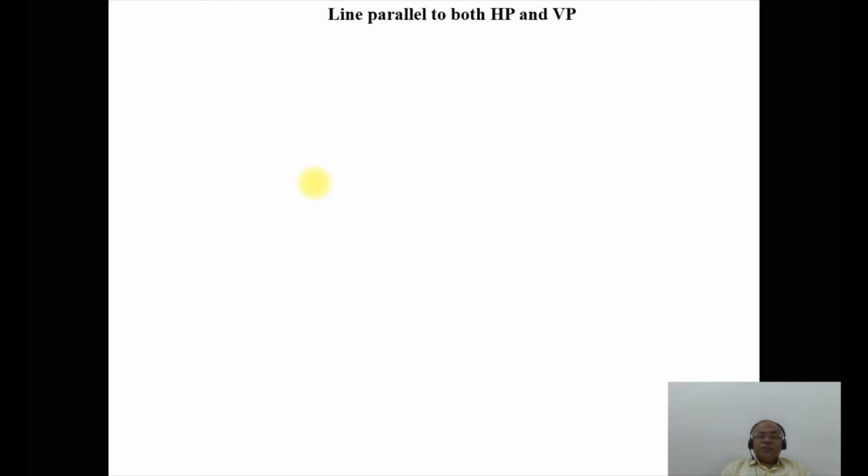When considering the projections of lines in the first quadrant, we have various positions to consider. Number 1, the line parallel to both HP and VP.